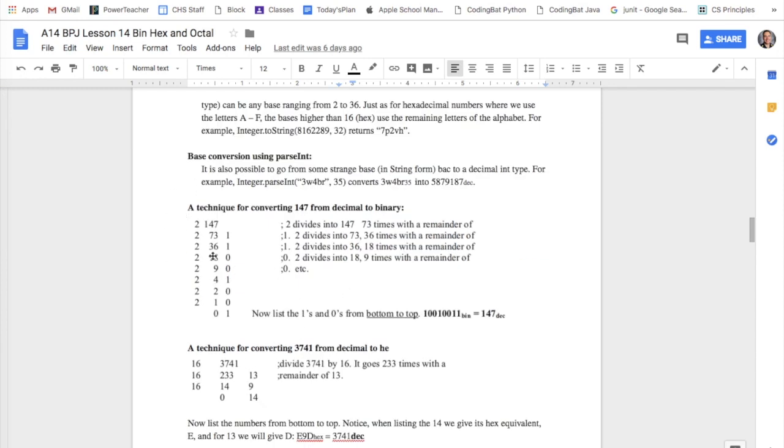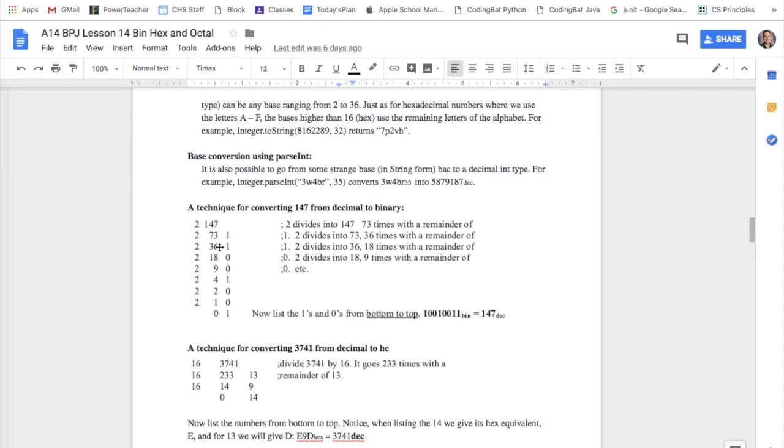Also in the list here is a version for you to do these kinds of things by hand. So if you want to go from decimal to binary, what you're going to do is continue to divide by 2 over and over and over again, and you're going to keep track of the remainder. So 147, if you divide it by 2, that's 73 with a remainder of 1.